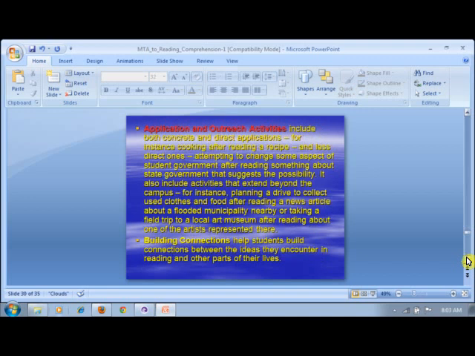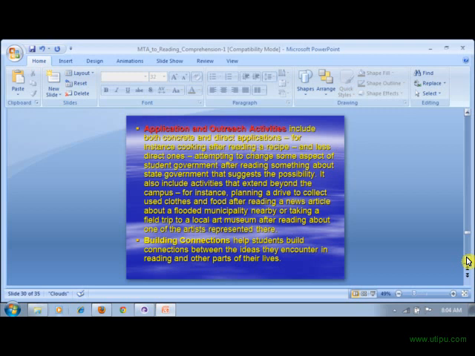Application and outreach activities include both concrete and direct applications, for instance, cooking after reading a recipe, and less direct ones, such as attempting to change some aspect of student government after reading something about state government that suggests the possibility.